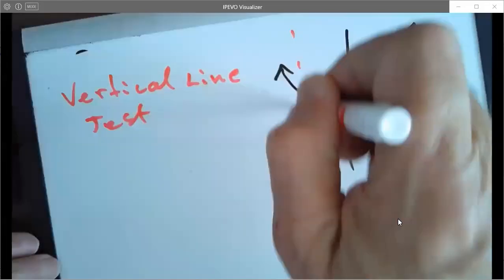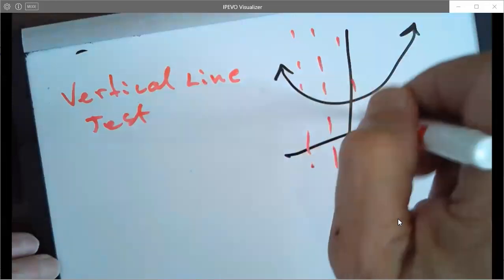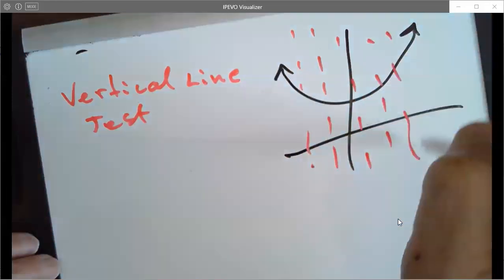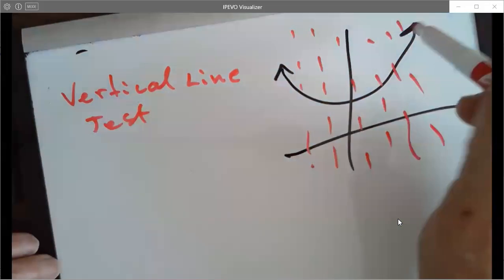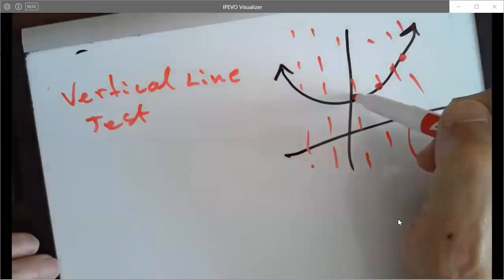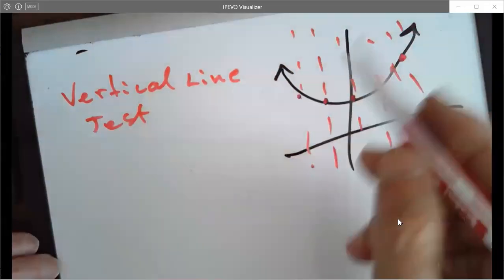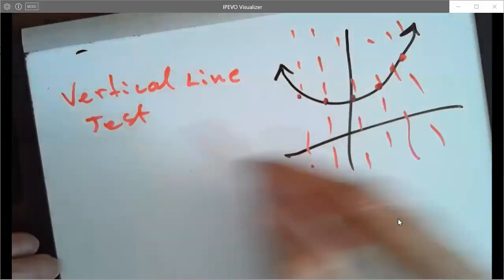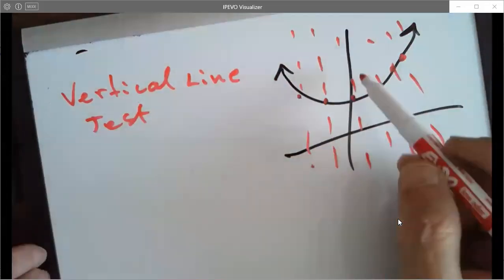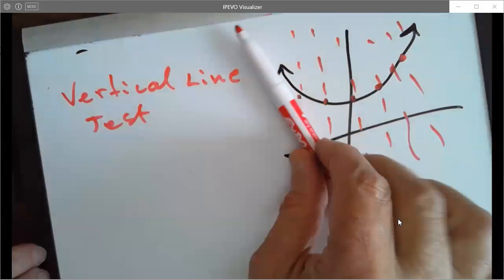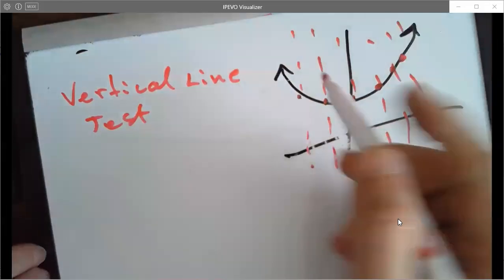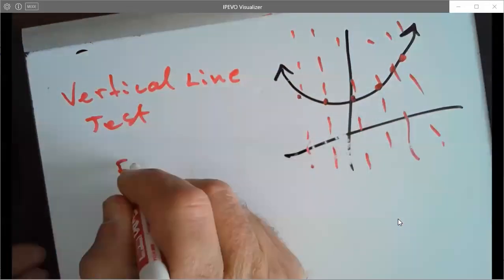With the vertical line test, wherever the vertical line is drawn, that line can only pass through the curve at one and only one point. Since no matter where you draw the vertical line, it passes through only one point, we can say this is a function.